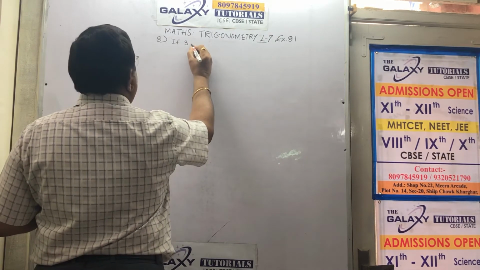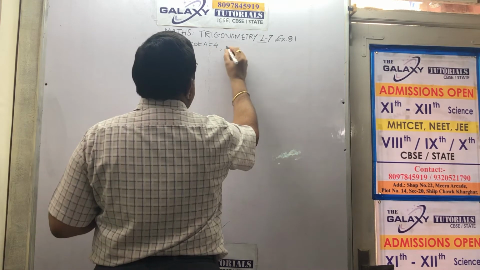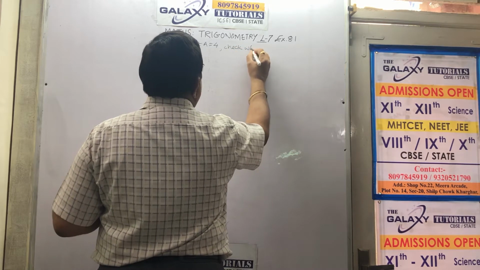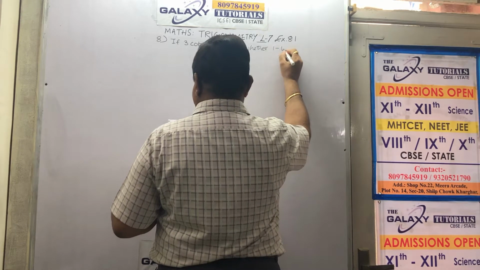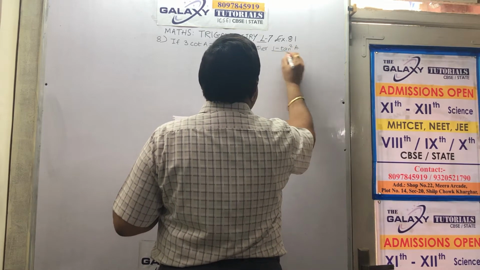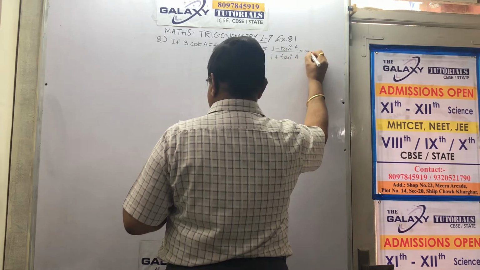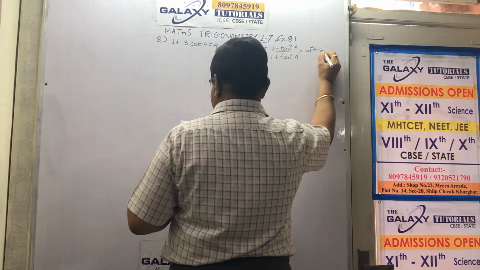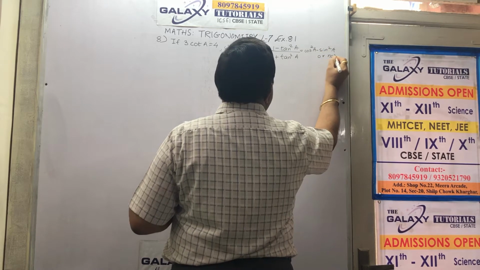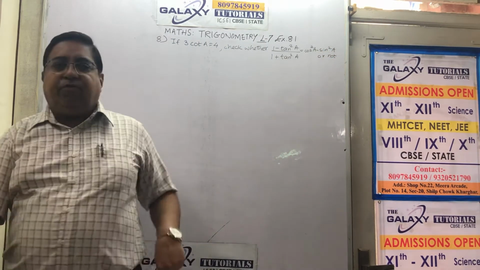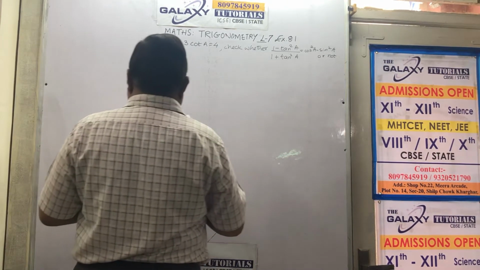If 3 cot A is equal to 4, check whether (1 minus tan square A) upon (1 plus tan square A) is equal to cos square A minus sin square A, or not. Is this correct or not correct? We have to find out. I wrote this big because that is what I am going to use.